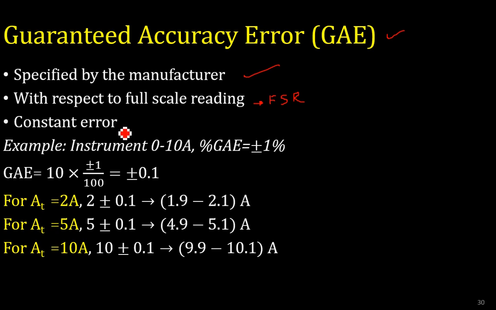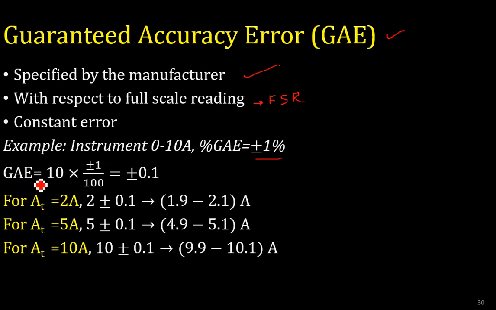Whenever you make a measurement with this instrument, if you are specified with the guaranteed accuracy error, you will have the same error for all the readings. That is, you have the same instrument that we have already taken, 0 to 10 amperes, and a percentage guaranteed accuracy error of plus or minus 1%. Okay, now 1% error is a guaranteed accuracy error. So it is with respect to the full scale reading.